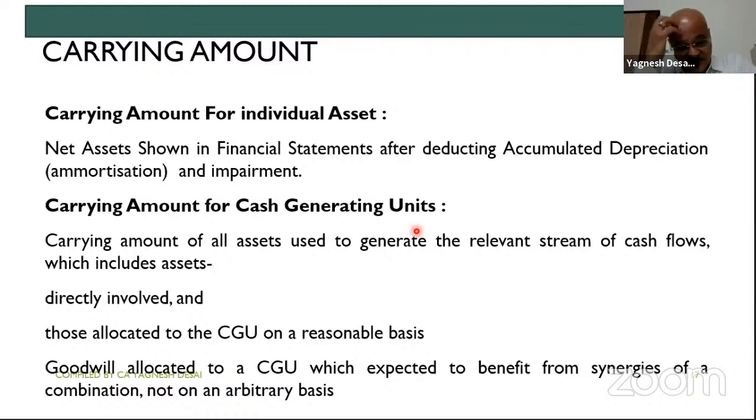Tomorrow we are going to study business combination, and Ind AS 103 prescribes the acquisition method or the purchase method. In the majority of cases there will be goodwill, and this is nothing but the goodwill acquired in a business combination. Now this goodwill is allocated to the subsidiary.